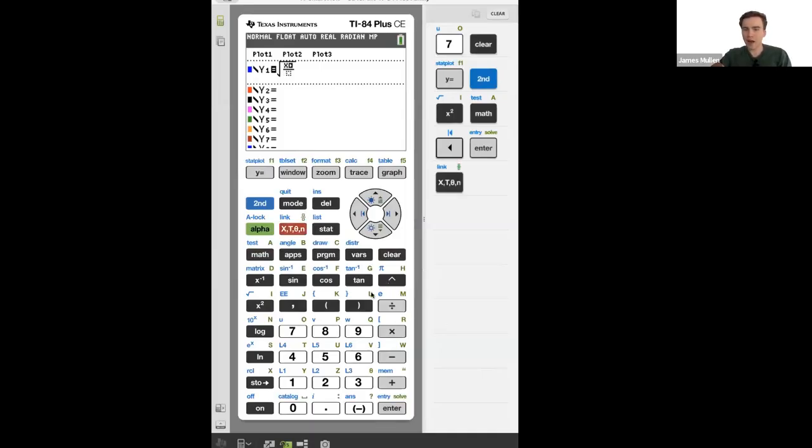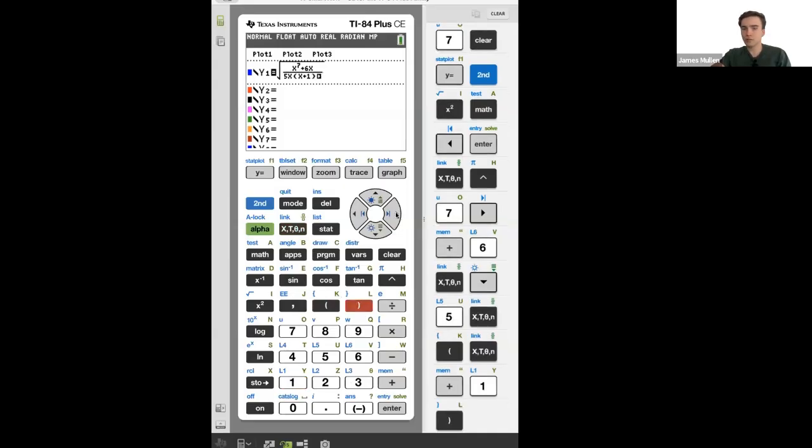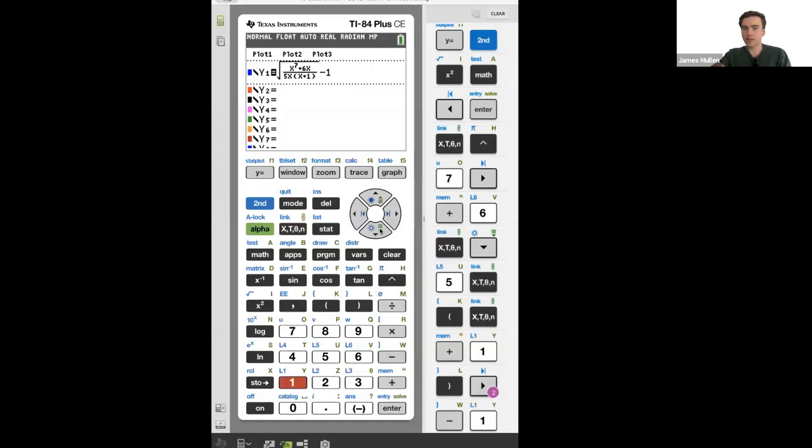So now I write x to the power of 7 plus 6x in the numerator, and then 5x times the x plus 1. I'm going to put a minus 1 outside like that.